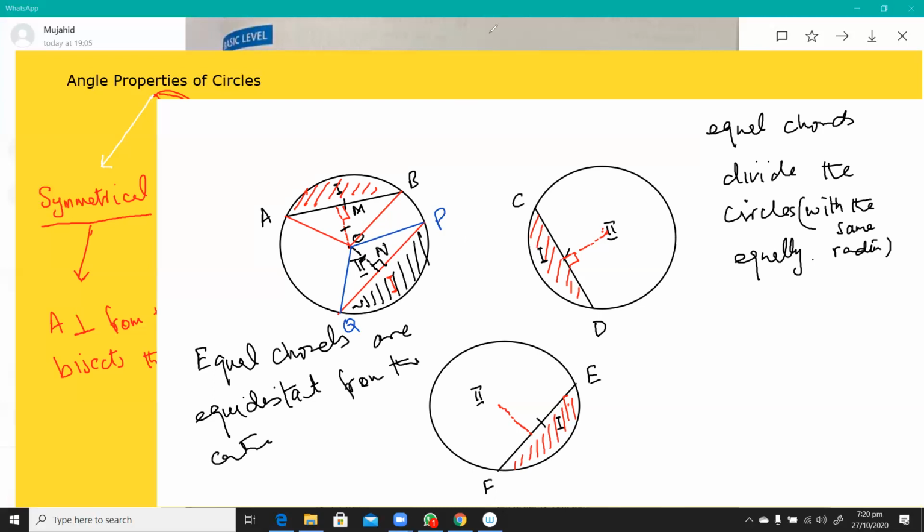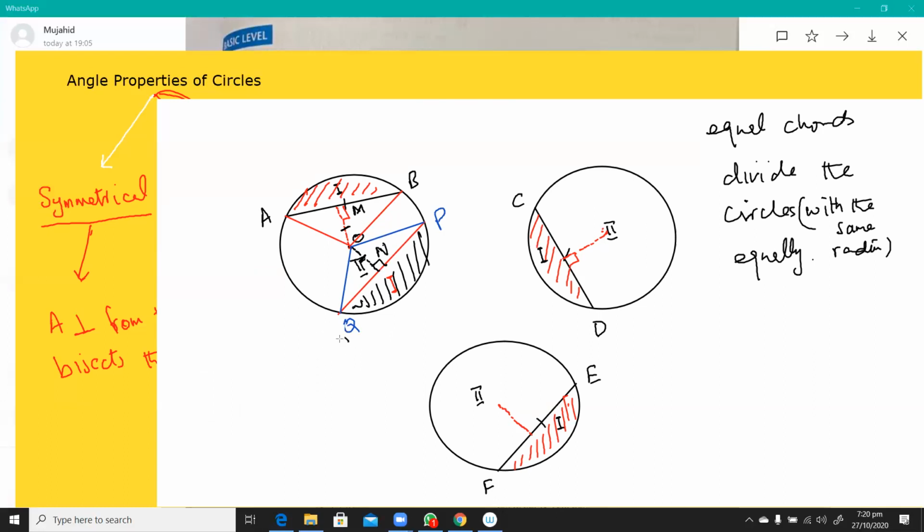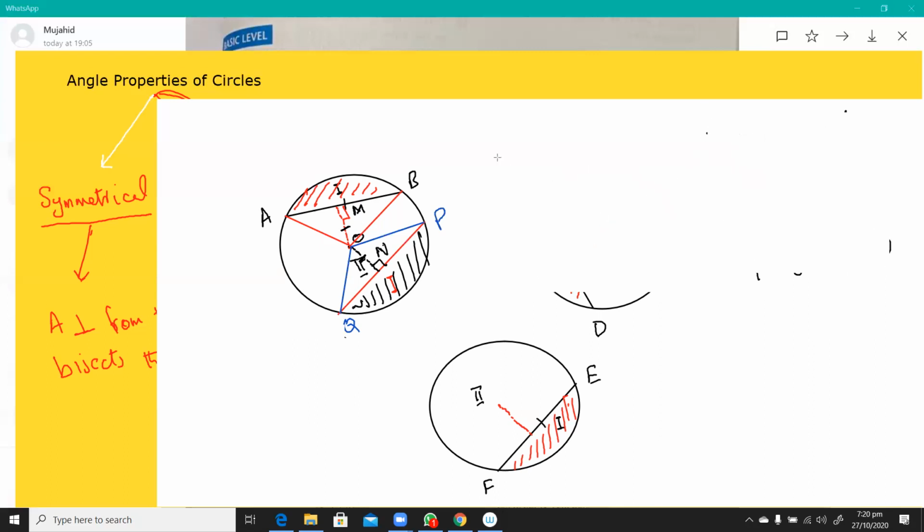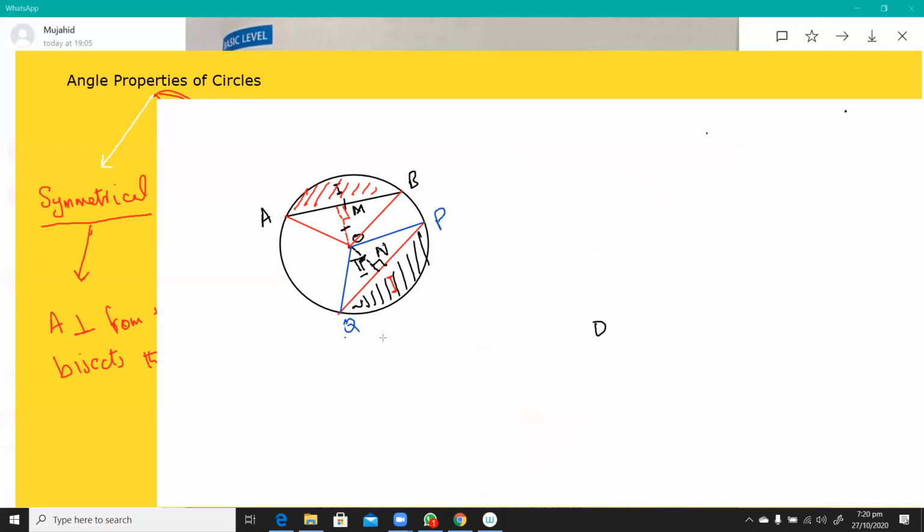Now, can we say, with all the reasons that we can give, that the triangle OAB is congruent to the triangle OPQ?